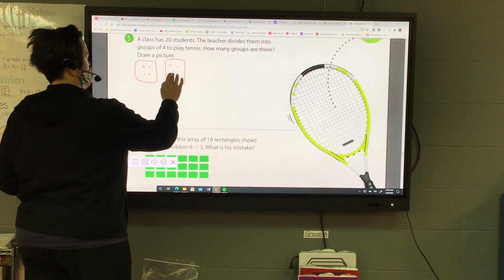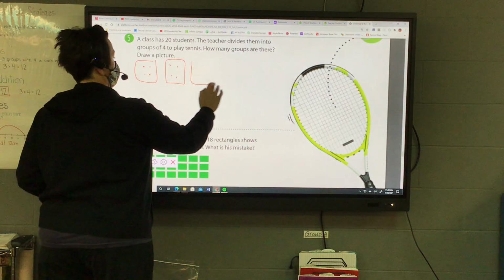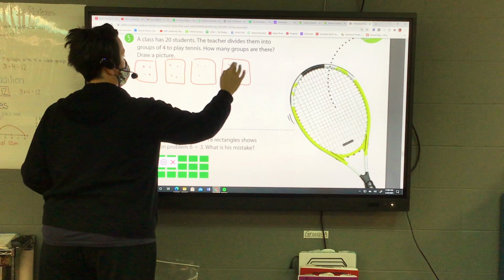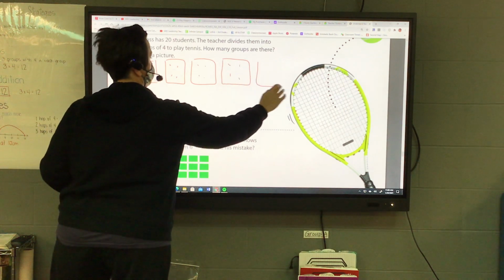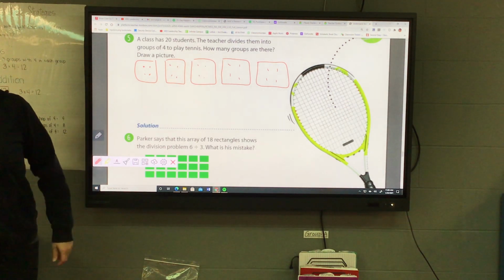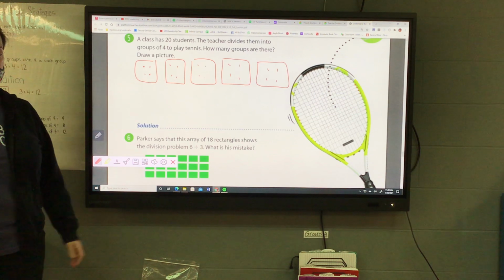If I do another group of 4, how many students does that make? 8. Then another group of 4 is how many? 12. Another group of 4 is how many? 16. Another group of 4 is how many? 20.